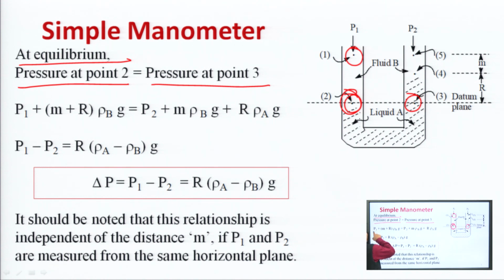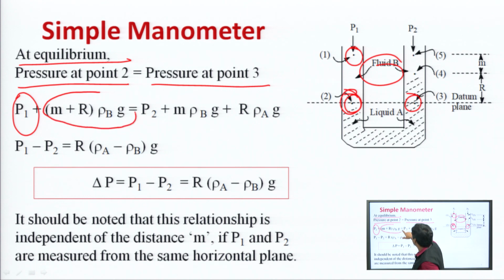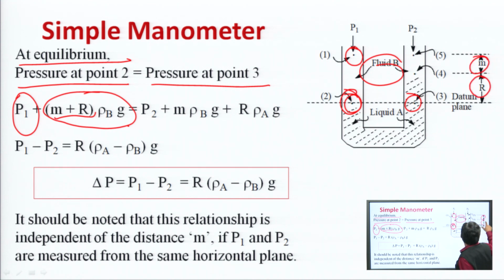So, the pressure at point 1 is P1, and the pressure applied by fluid B onto point 2 is (m plus r) rho B g, where rho B is the density of fluid B, g is acceleration due to gravity, and m plus r is the distance between point 1 and point 2.